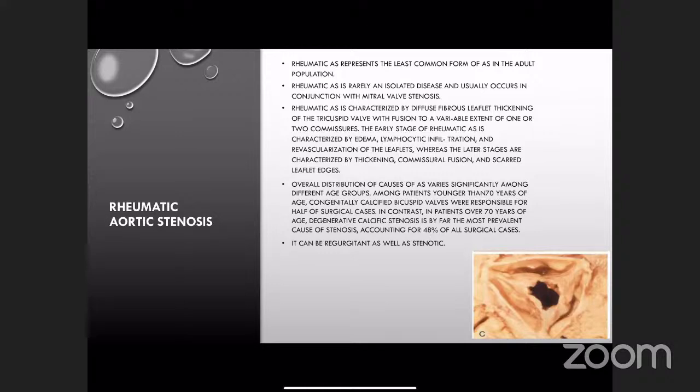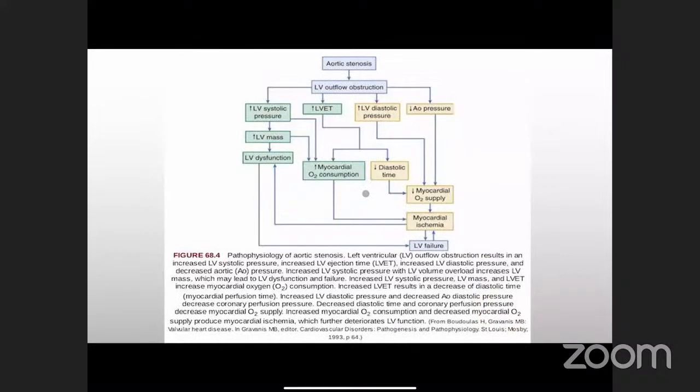aortic disease. As we see here, aortic stenosis leads to LV outflow tract obstruction, which is eventually leading to increased systolic pressure, increased left ventricular ejection time, increased left ventricular diastolic pressure, and decreased aortic pressure.